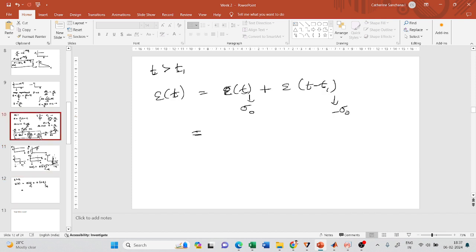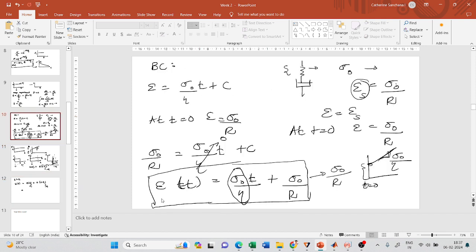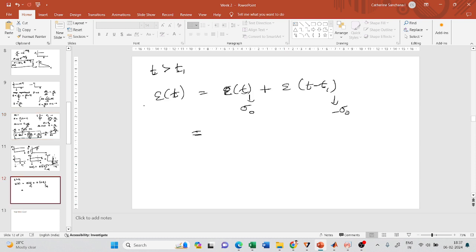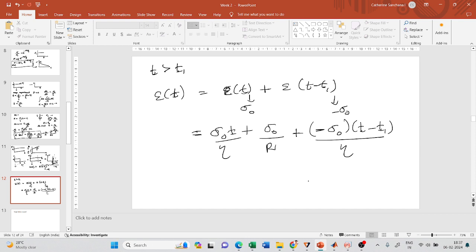So now let us substitute this in this epsilon t equation. What did I say? Epsilon t is sigma dot into t by eta plus sigma dot by r. Now I'm going to add, it is going to be minus sigma and not plus sigma, into, instead of t, t minus t1 divided by eta plus, again, minus sigma divided by r.